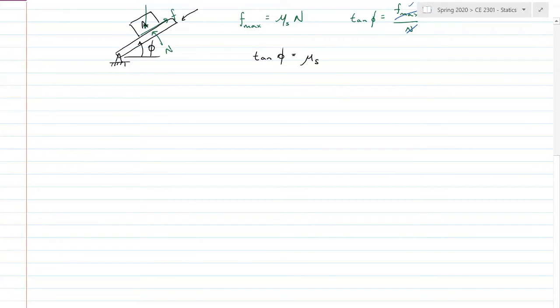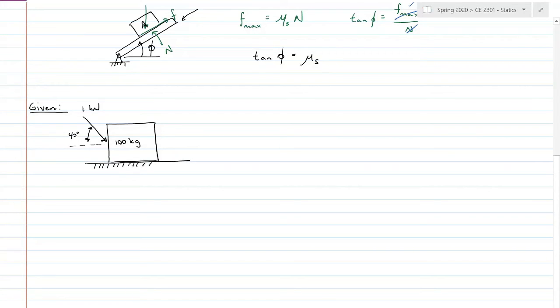Okay, let's start with a simple example. We have a 100 kilogram block that is being pushed on at an angle of 40 degrees by 1 kilonewton, and they are acting on a surface.